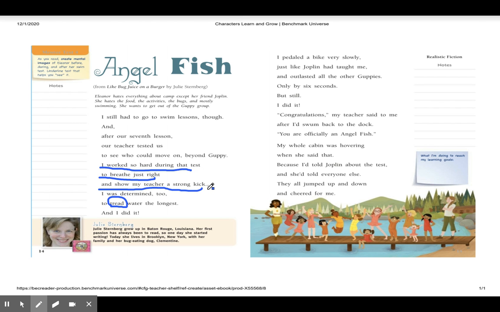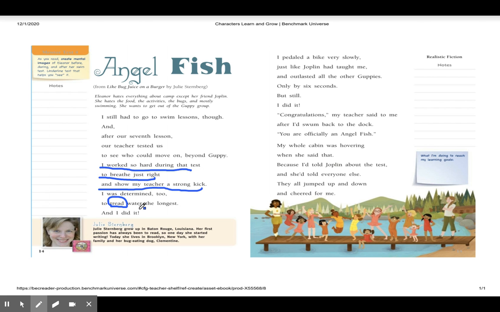In the sentence before, it's clear that she's taking a swimming test. In this sentence, it says tread water. The tread is something Eleanor is doing. It's an action word, a verb, and it's something she's doing in the water.